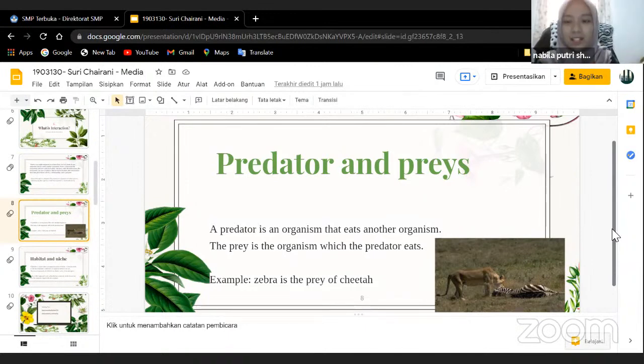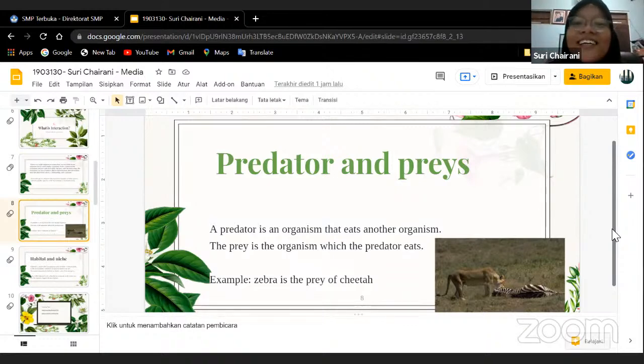Can you recall any interaction of predator and prey? The crocodile is predator and the prey is chicken. Yes, that's right. So the predator is the wildest one, and is the dominant one, I think.